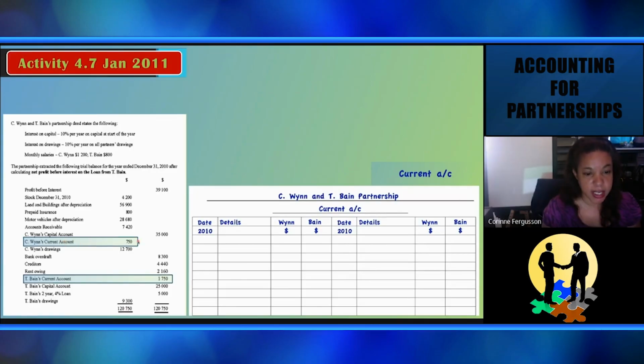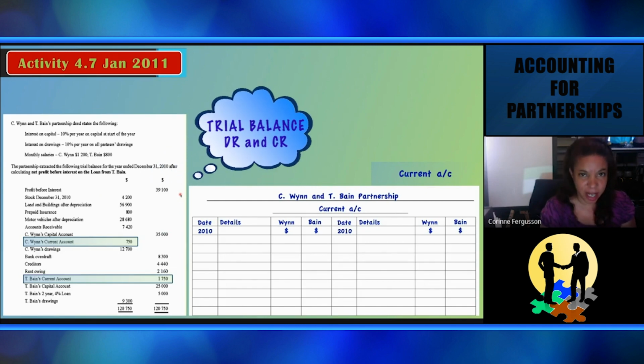With Win, 750. This was a common mistake. Once you got past the fact that you had to put a balance, which was good, most people then proceeded to put this 750 on the credit side. This is a trial balance, which means that even though they did not put debit and credit on top, just the fact that you have certain amounts under this column and certain amounts under this column, it is understood that it is, as a trial balance, debits and credits.